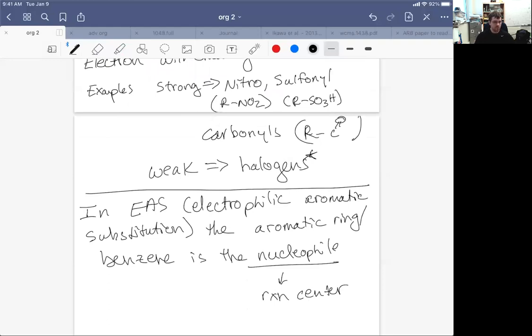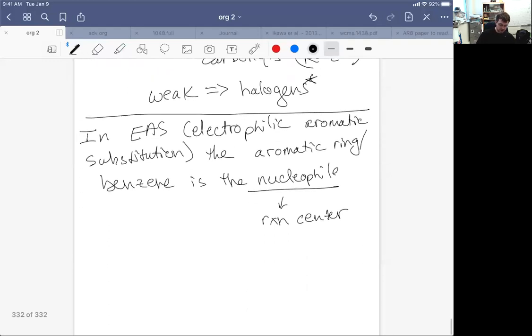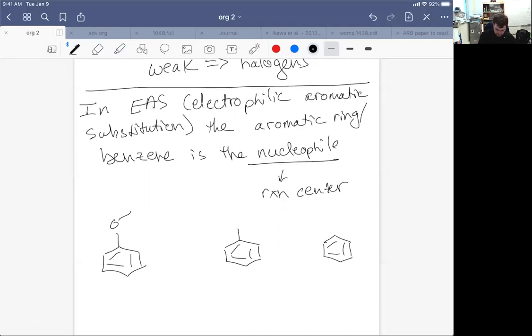Okay, so what I want to do is show 3 examples of benzenes that have different substituents attached. So I'm going to have 3 benzenes across here. I'm going to add 1 substituent to each of them. First one I'm going to add is a methoxy group. Second one, I'm just going to basically keep benzene, but I'm going to explicitly write the hydrogen atom. Third example, I'm going to have a carbonyl attached. Okay.